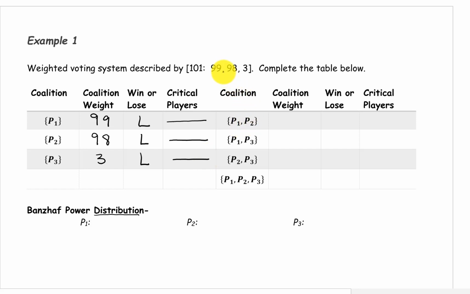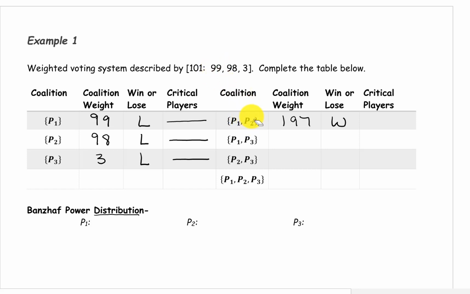Player 1 and 2 together, so that would be 99 plus 98, which is 197. This is a winning coalition, so we need to determine who the critical player or players are. If we were to remove player 2, would it still be a winning coalition? If player 2 is removed, then the weight would only be 99 because only player 1 would be in the coalition.